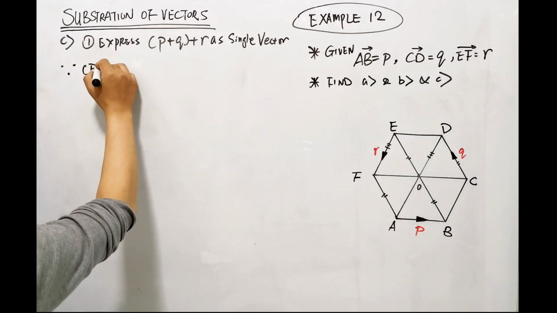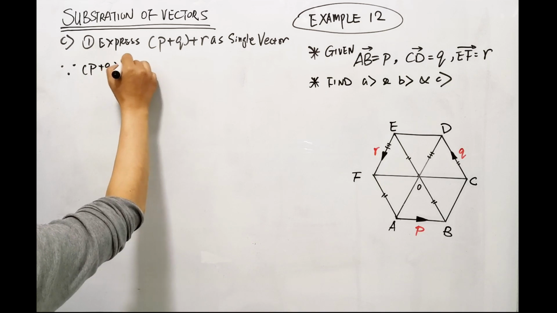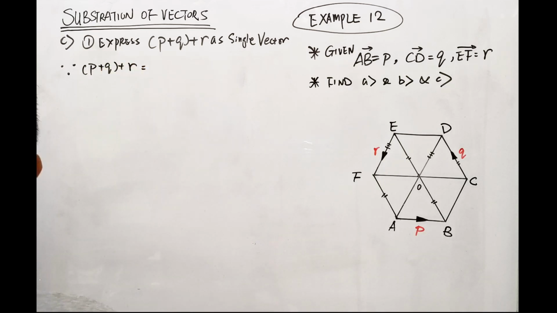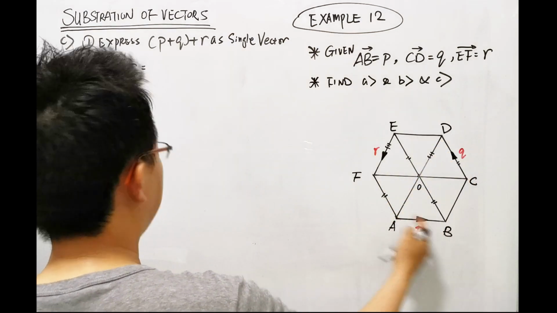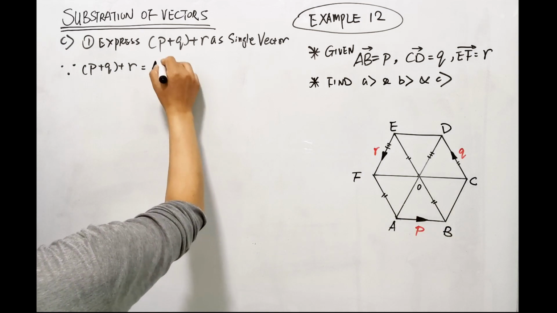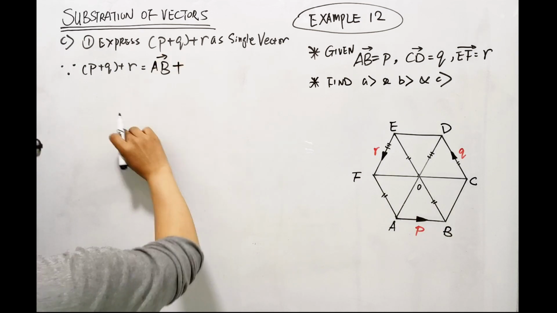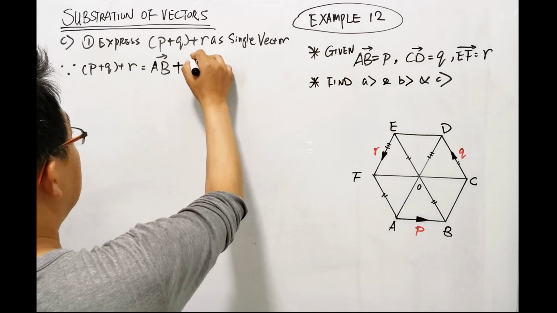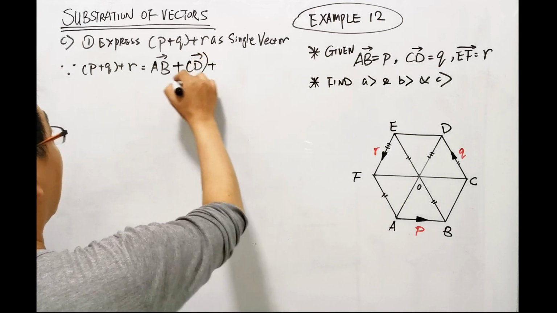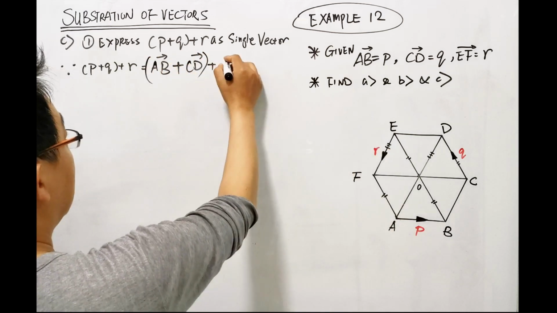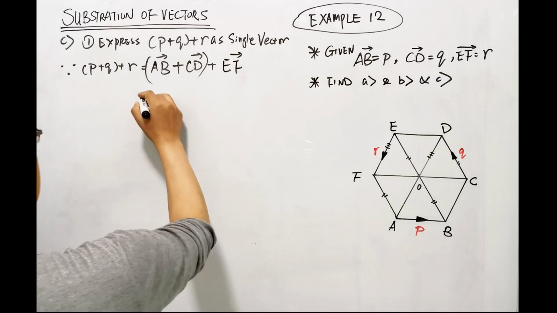P plus Q plus R equals what? P is AB, Q is CD, and R is EF, right?